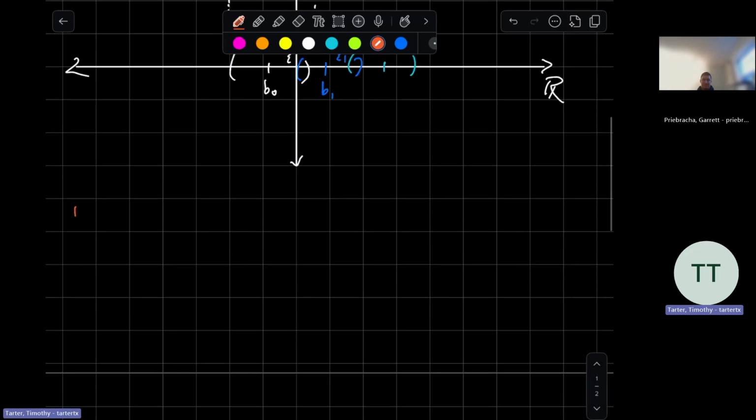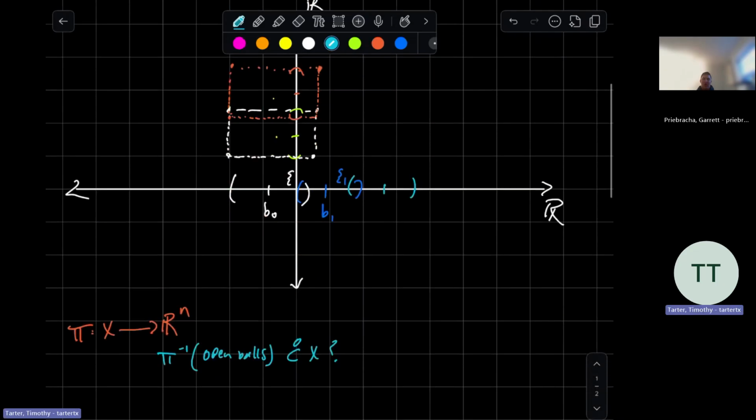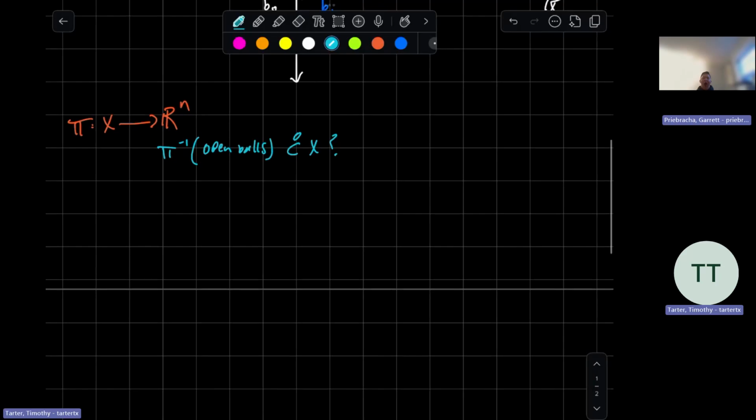So if you have pi from a topological space X to R^n, then to generalize topological continuity, you just look at pi inverse of open balls. It gives you a way to check continuity easily.